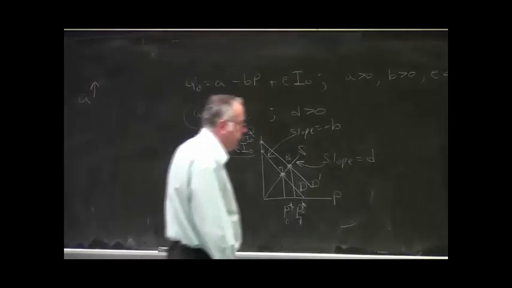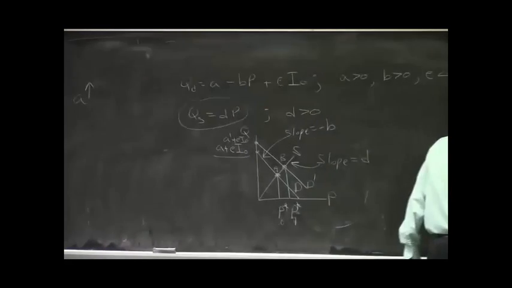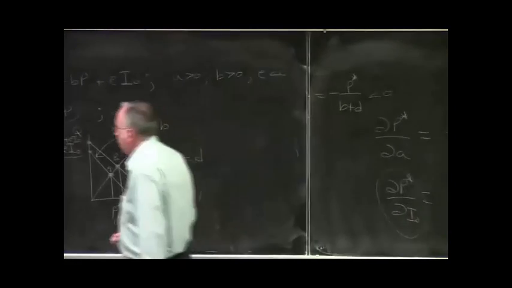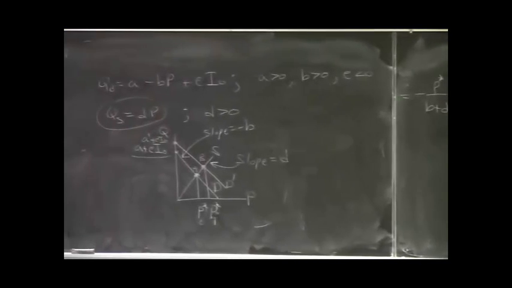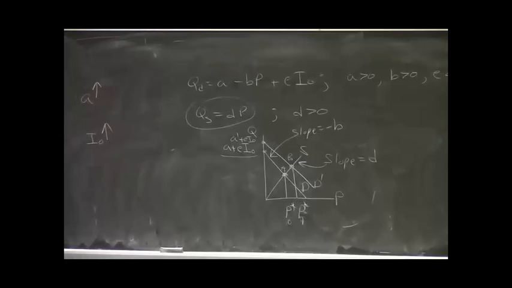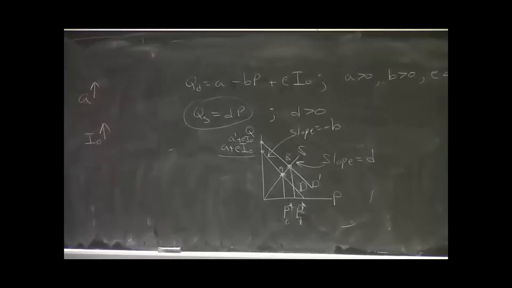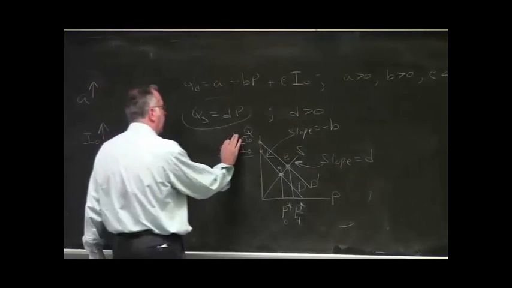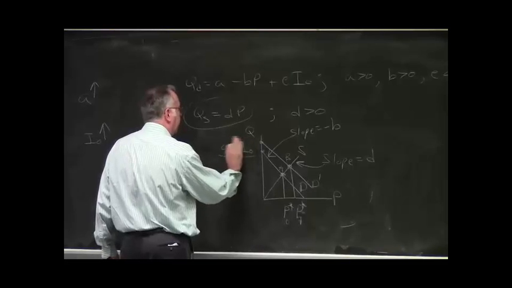In this case right here, if we were to illustrate I going up, what would change now? Actually, I could use this same diagram. What would happen to the vertical intercept if I goes up? Assume we're starting with this case right here.